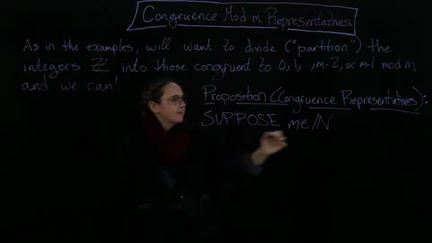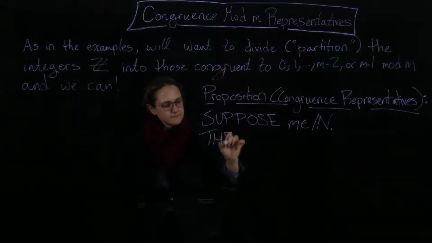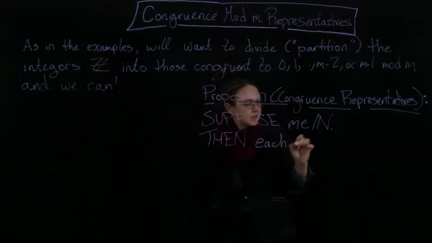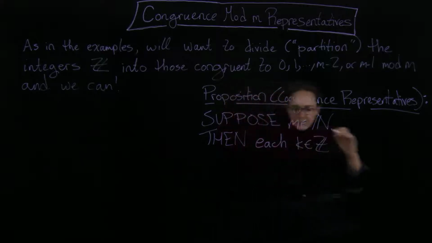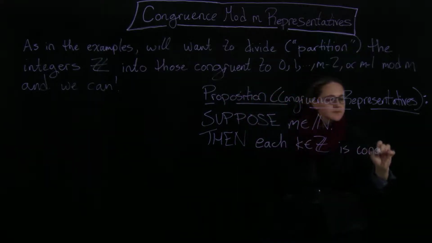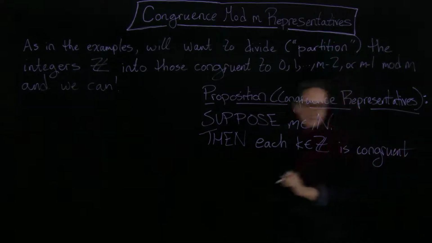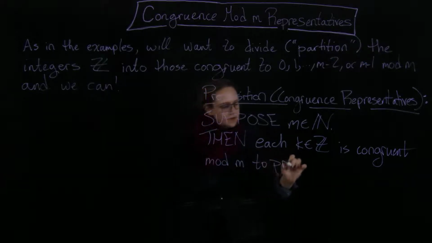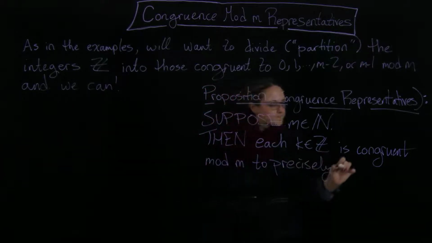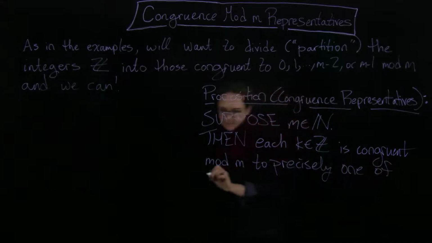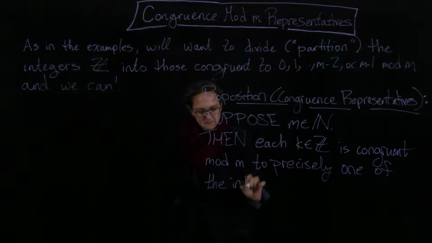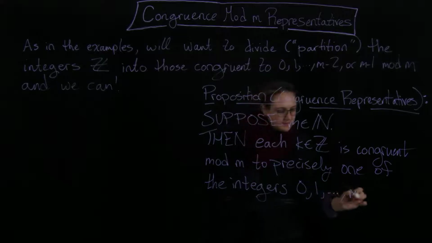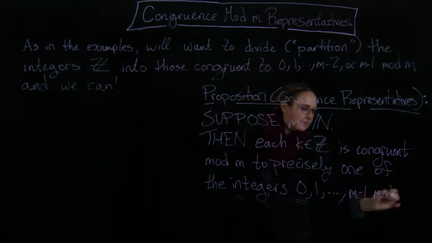Then each k in the integers is congruent mod m to precisely one of the integers 0, 1, up to m minus 1 mod m.